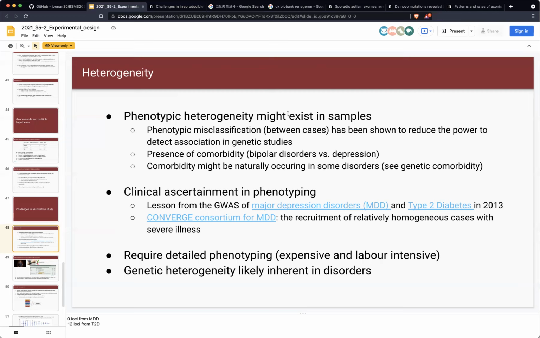So what people want to do is more rigorous clinical ascertainment in phenotyping. If you do genetic research for major depressive disorder, you can do a clinical evaluation by doctors, or you can use questionnaires. Of course, evaluation by doctors is a much more objective and rigorous way of ascertainment.